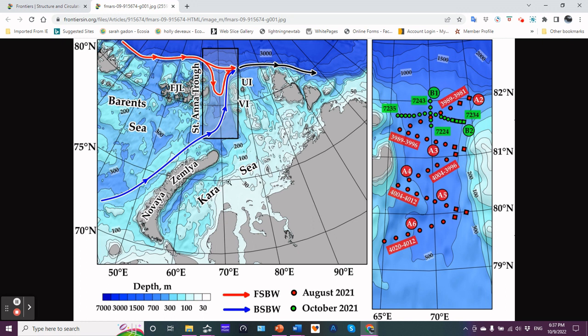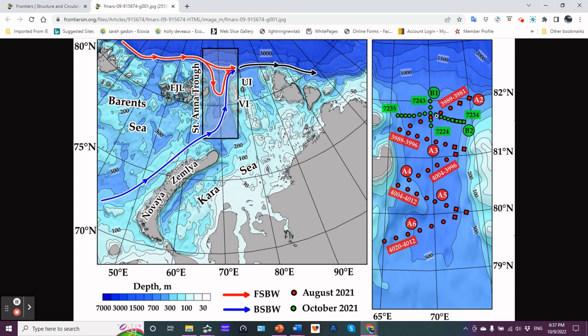So here's the Barents and the Kara Sea, the Novaya Zemlya, right? I discussed how these are being Atlantified in the prior video. Now, looking within this trough region is what this figure is. And these numbers here are station numbers, right?